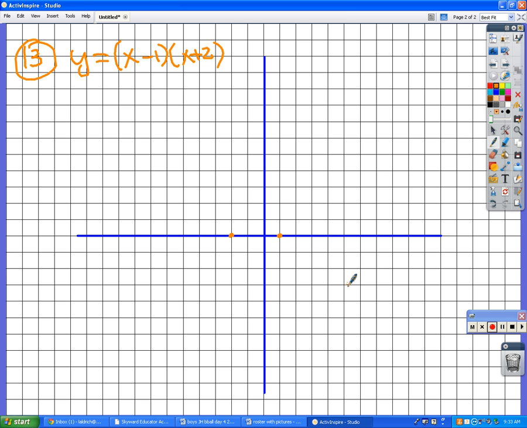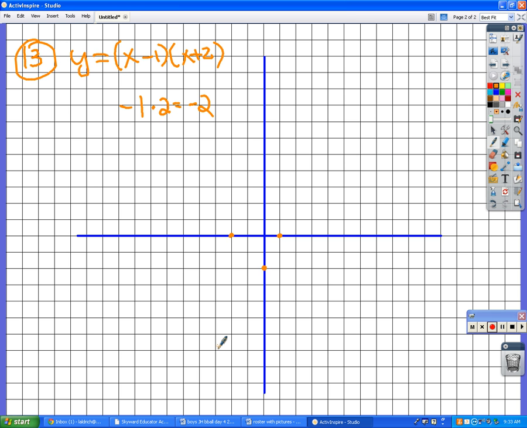So give me a number in between 1 and -2. 0. If I plug in 0 here for x, what's 0 take away 1? -1 times, if I plug 0 in here for x, 0 plus 2 is 2. And since -1 times 2 is -2, that means when x equals 0, y equals -2.